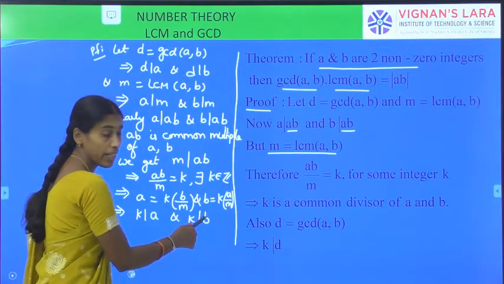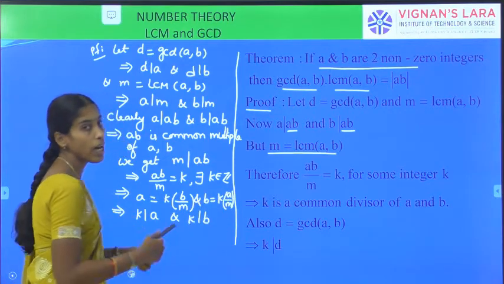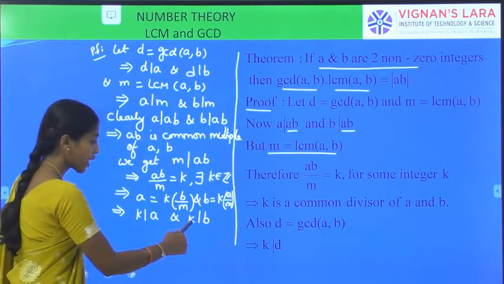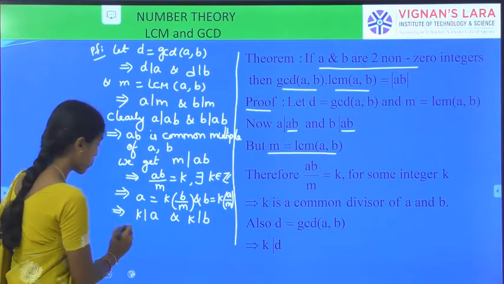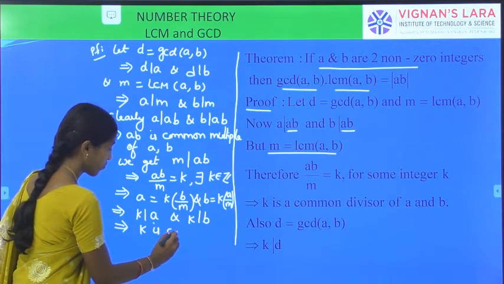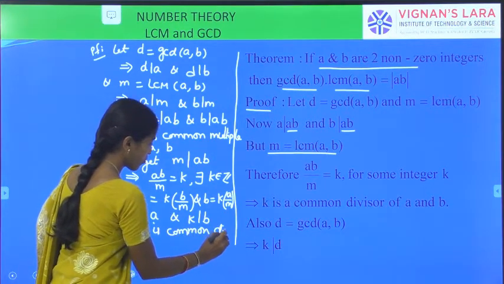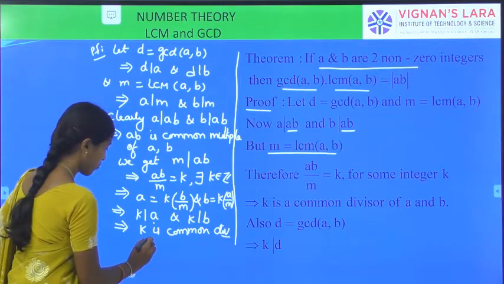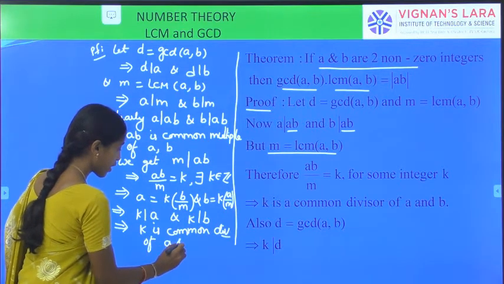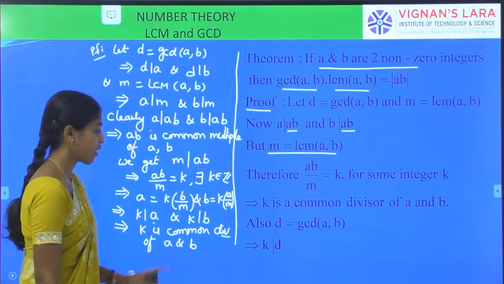Because K divides B means that B is equal to K into another integer. So K divides A and K divides B implies that K is a common divisor of both A and B.